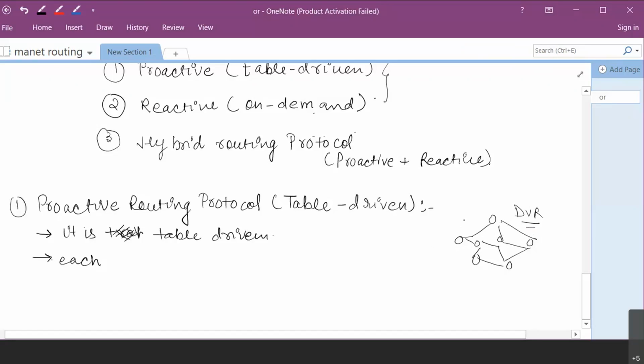When after distribution of the routing tables there is no updation in the cost from one node to another node, then we can say my network is stabilized. Otherwise, we have to add one more round. In the same way, each node in the proactive routing protocol should also maintain the routing table.